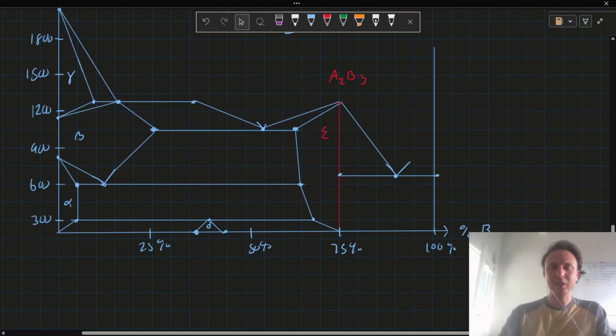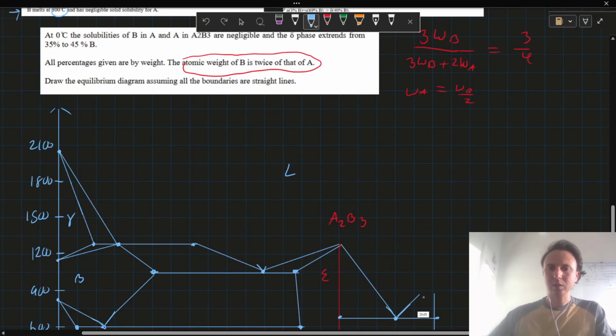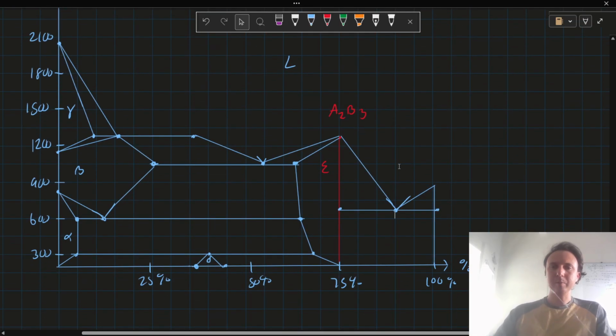I probably drew that way too tall. Yes. So the melting point of B will be down here at 800 Celsius. A little bit below this. Okay. 800 Celsius. All right, that all checks out now.